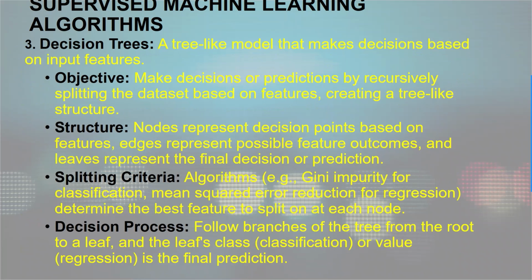Then we have splitting criteria, which are Gini impurity for classification and mean squared error reduction for regression, to determine the best feature to split on at each node. Then we have the decision process, which is to follow branches of the tree from root to leaf, and the leaf gives the class or value as the final prediction.